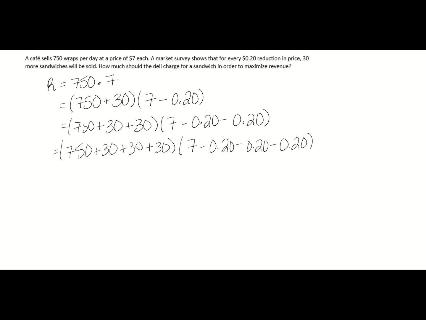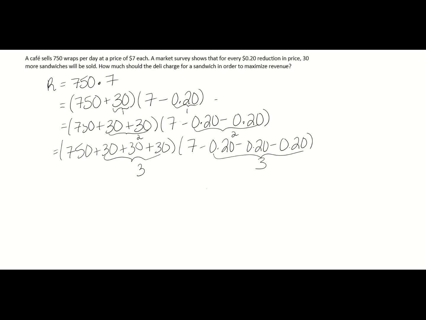So let's look at what's changing here, right? In this case, I only added 30 because I'm reducing it only by 20 cents. Here, I'm adding 2 30s because I'm reducing it 20 cents twice. Here, I'm adding 3 30s because I reduced it by 20 cents 3 times. So what's changing in the first part is changing in the second part. So if I was to add 4 30s, I would reduce by 4 20 cents.